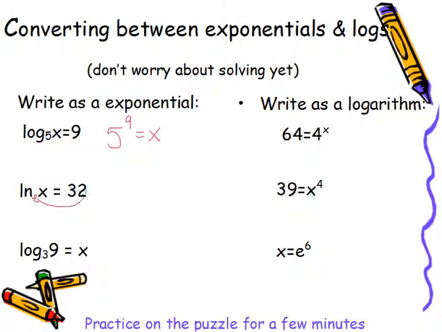And so then you do the loop. E to the 32nd power equals x. All right, you do this last one. Switch that one to an exponential. All right, you should have written 3 to the x power equals 9.